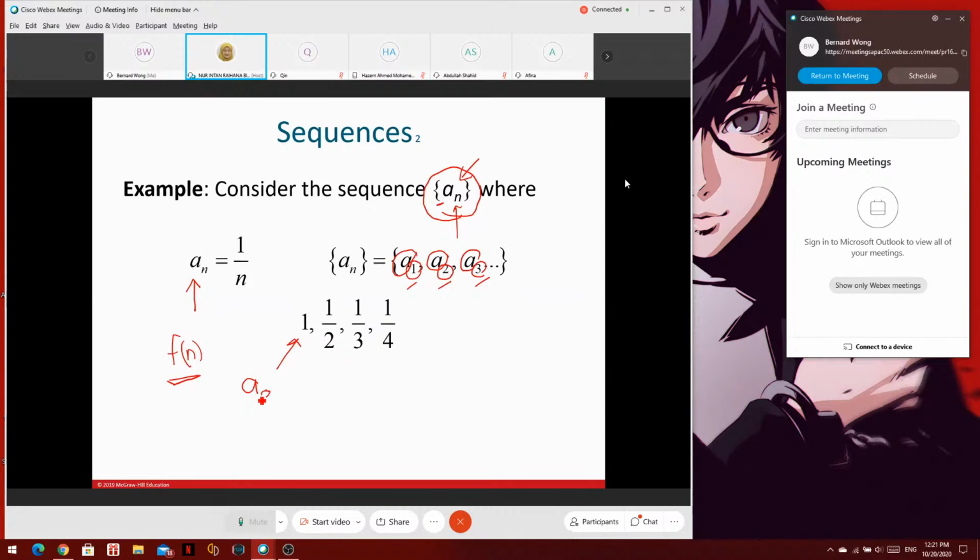Usually we use a_0 as the first term, or you can also have a_1. If you start with a_1, the second one would be a_2, a_3. But if you start with a_0, the second will be a_1, a_2.